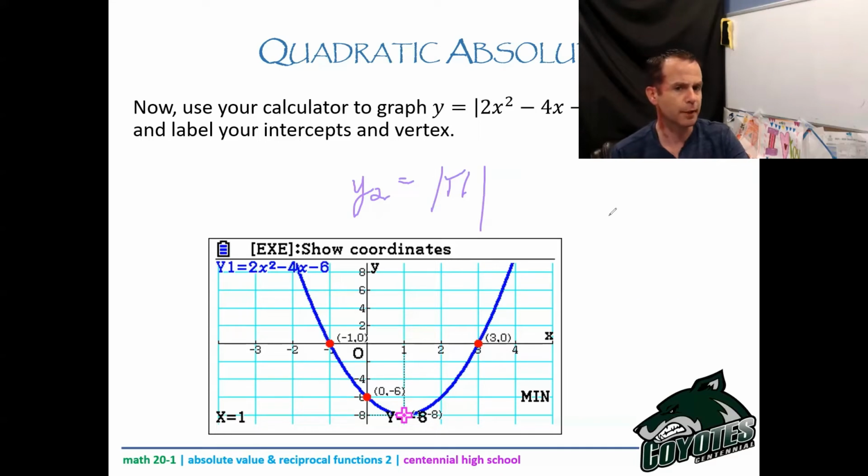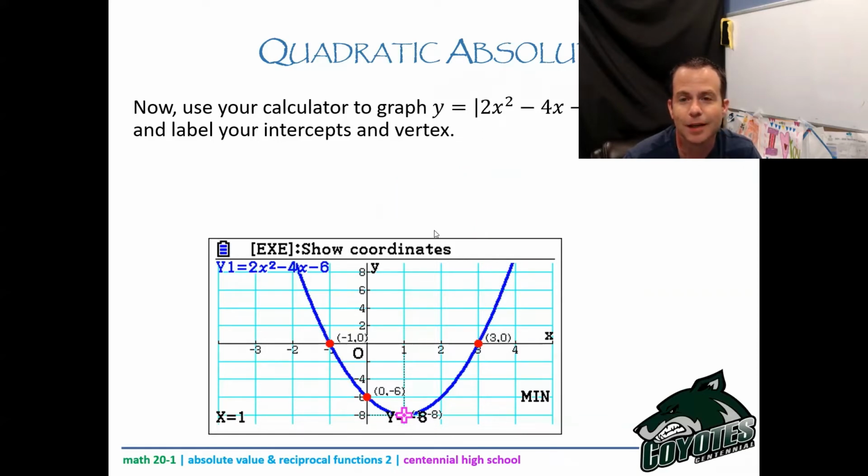I'm doing that off the top of my head, so I hope it's right. But yeah, variable, then go over to y variables, and then a function, and then Y1, okay? Or you can just type in the absolute value of 2x squared minus 4x minus 6, okay? However you would like to do it. Okay, so here's the picture you should get.